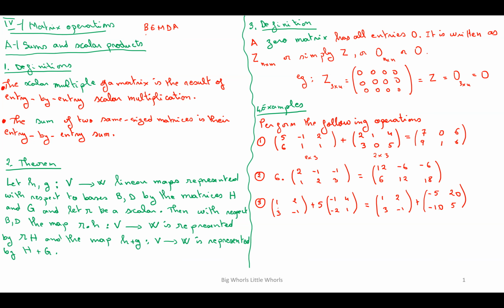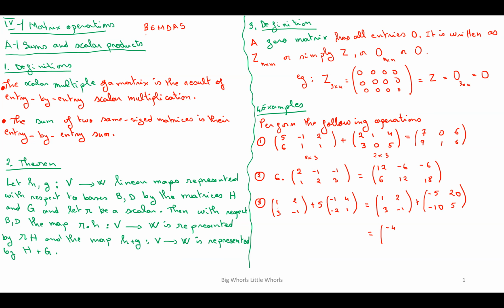Having done the multiplication, now we can do the addition according to BEMDAS. I forgot the S, which is subtraction. 1 minus 5 is minus 4, and here we have to do entry by entry sum.